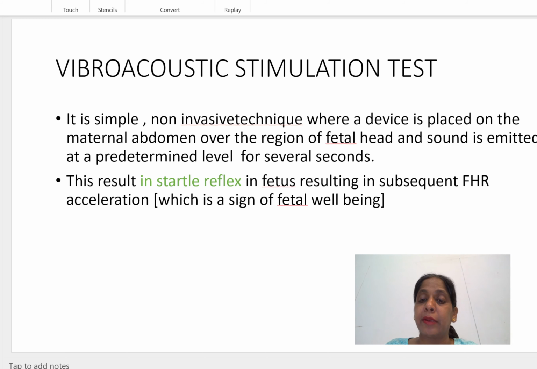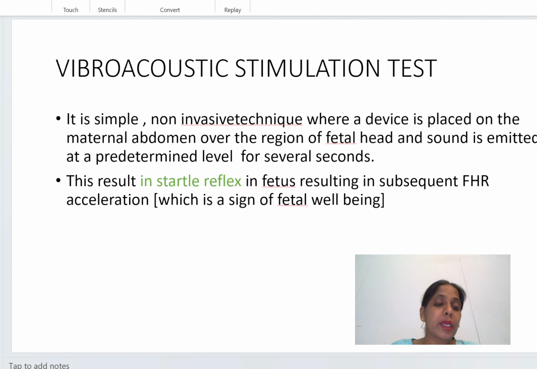If there is an increase in the fetal heart rate with the movement of the fetus, then the fetus is fully okay, or well. And if there is no rise in the fetal heart rate with the movement of the fetus, it means the fetus is in a problem.